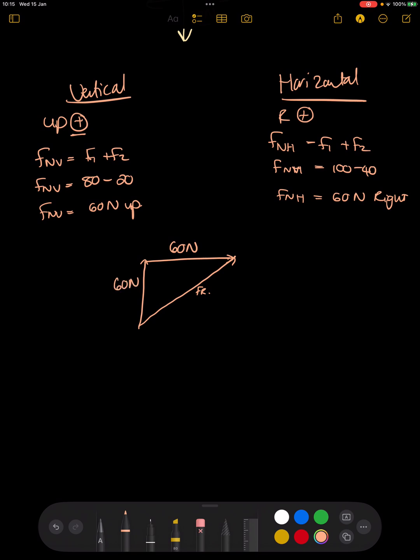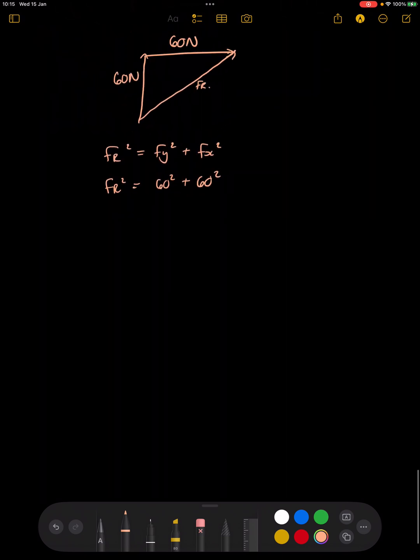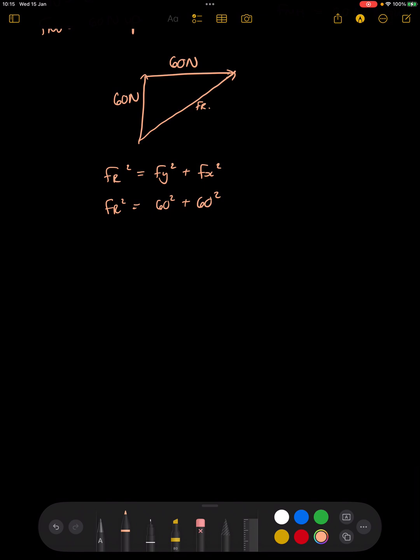Now I can use Pythag. So FR squared is equal to Fy squared plus Fx squared. And then I'm just going to get my answer for that and put it inside a root. Okay, and that is how to do it when it's not in the same plane.